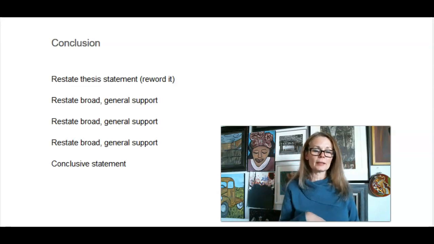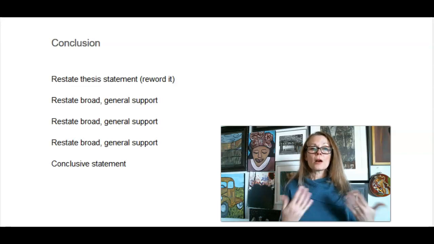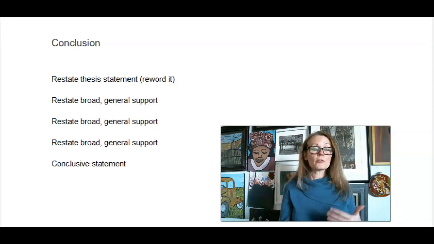Let's not do that. That's messy writing. Instead, let's take the idea behind those sentences, the ideas behind what you were trying to say there, and reword those things, and put those into your conclusion paragraph. And end your conclusion paragraph with a strong conclusive statement. This again is basically going to come back and say, look, this thesis statement is right. So find a way for your particular topic, for your particular paper, that really works as a way to say that.